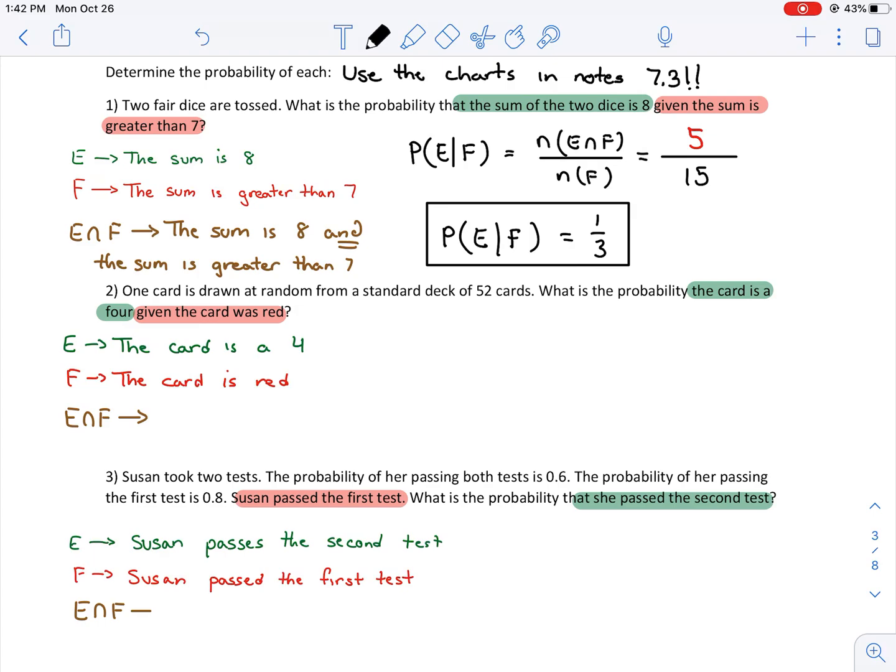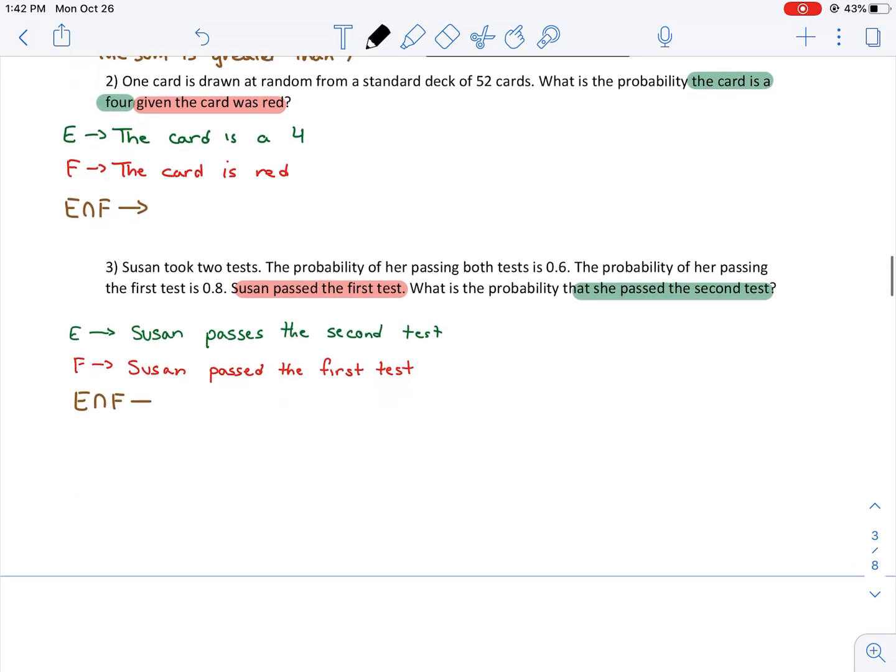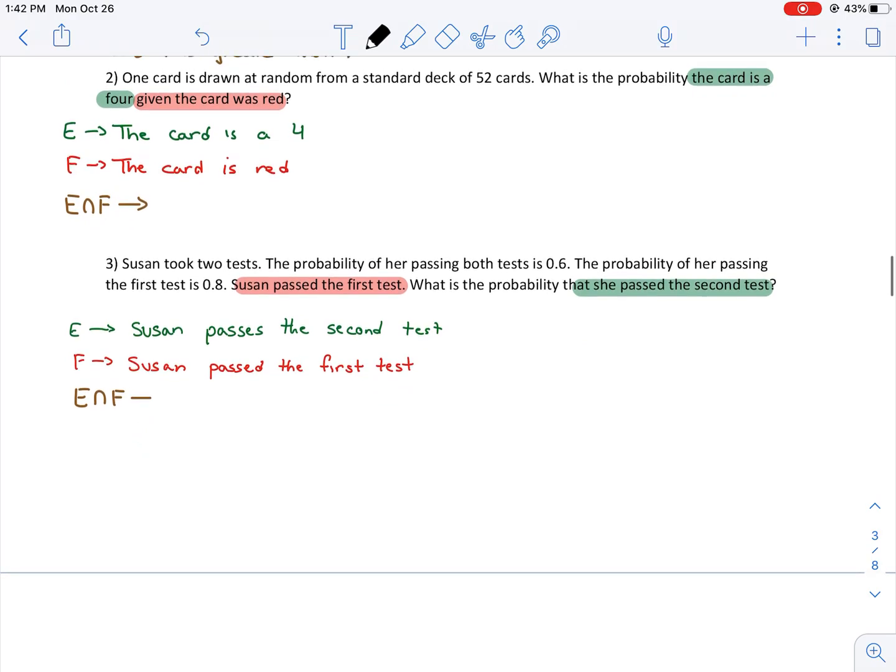Okay, on to example 2. One card is drawn at random from a standard deck of 52 cards. What is the probability the card is a 4 given the card was red? So in the previous video, we already identified event E and event F because we want to find the probability that event E occurred given F already occurred.